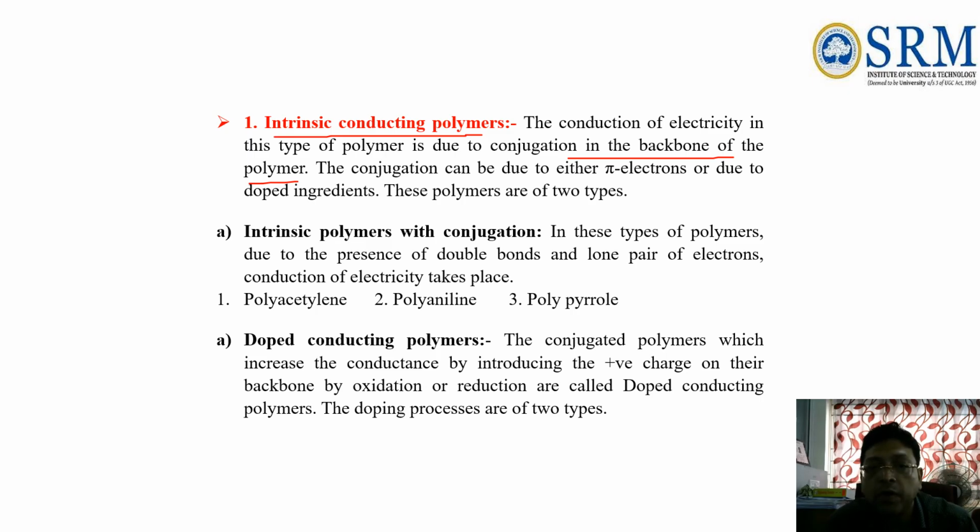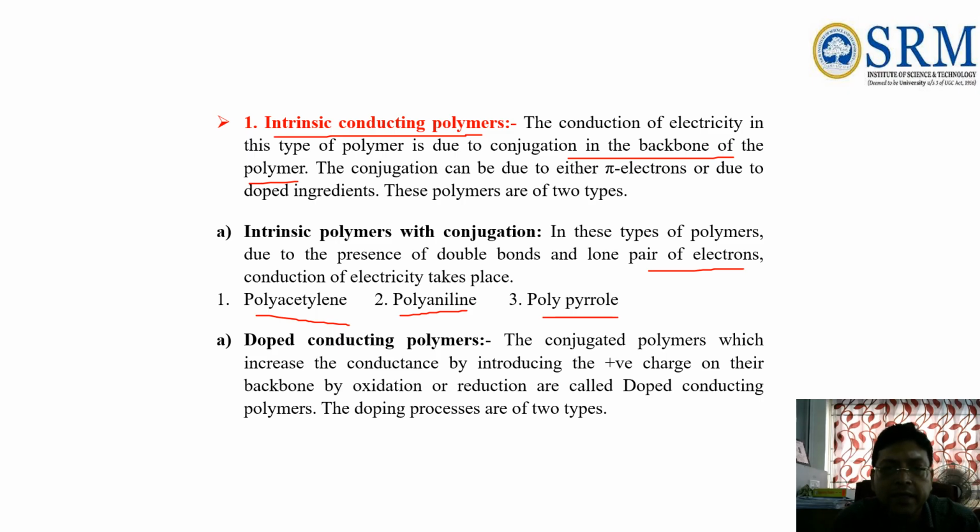So in this type of polymer, the alternate single bond and double bond is there, or it comes from the heteroatom lone pair, and conduction of electricity takes place due to the delocalization of pi electrons, or it can involve the lone pair of a heteroatom. So the examples are polyacetylene, polyanilines, polypyrroles. These are the conducting polymers containing the heteroatom moiety, aromatic moiety containing heteroatoms.